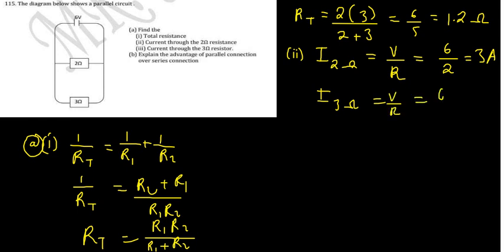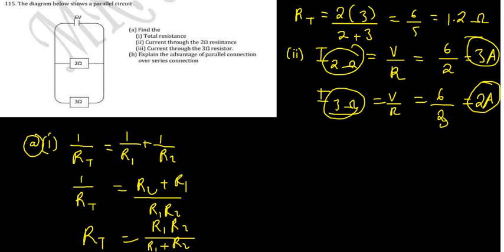Voltage is 6, over resistance which is 3. So this is going to give us 2 amps. So if the resistance is high, the current is going to be low. If the resistance is low, the current is going to be high, just like that.